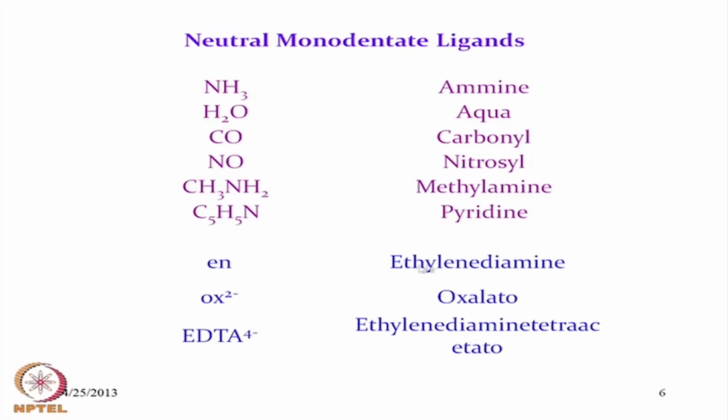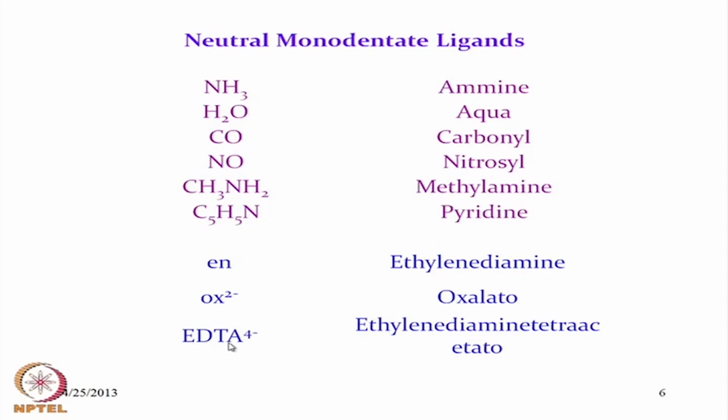We can also see the abbreviated form of ethylene diamine. In the formula we will not write the big name of ethylene diamine, we will abbreviate it as en. Similarly, a charged ligand which is also bidentate, the oxalate anion from oxalic acid, which binds to the metal center through 2 oxygen atoms, is known as the oxalato group.